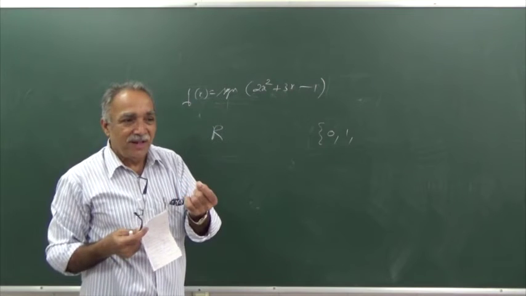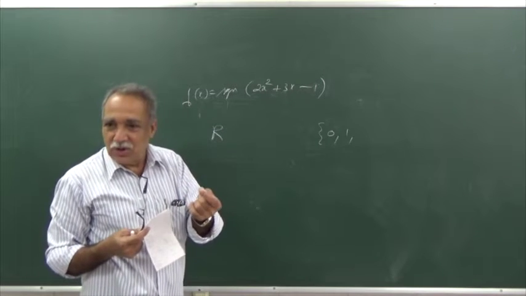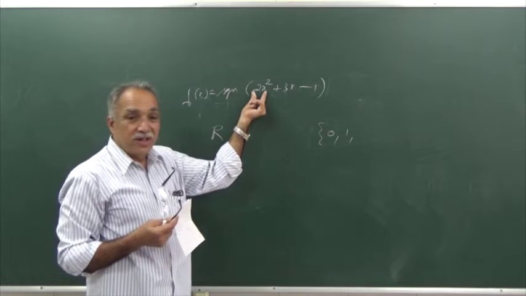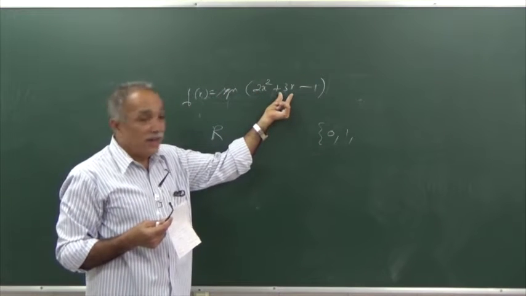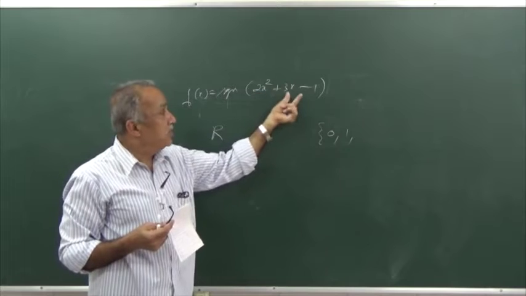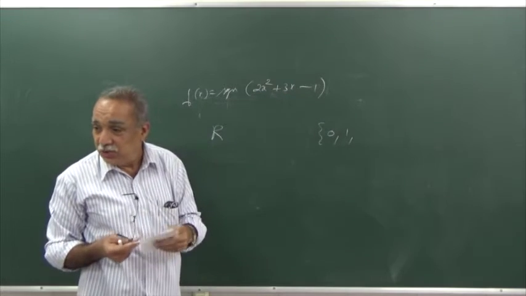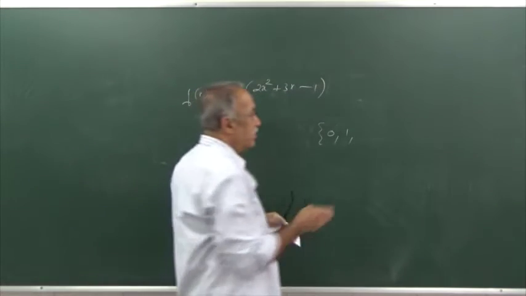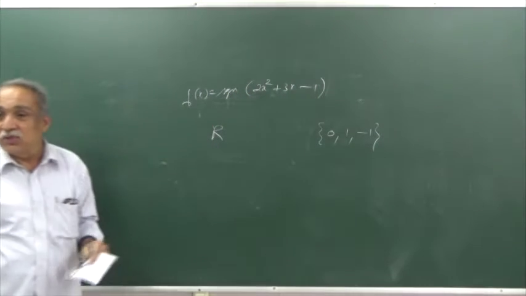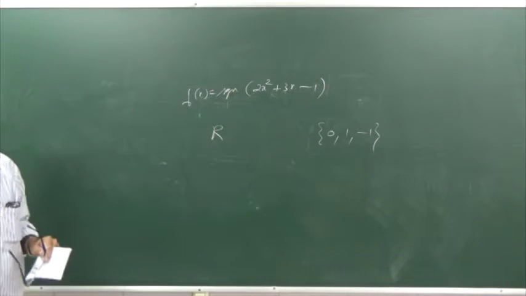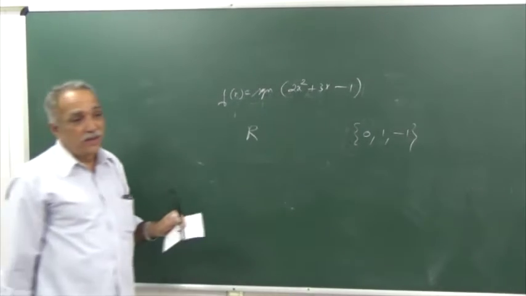One sample value, say x equal to minus 1. What is this? 2, is it not? This is minus 3. 2 minus 3 is minus 1. Is it negative? Yes, signum can be minus 1 also. So the range will be the set of 0, 1, minus 1, and the domain is the set of all real numbers. Okay.